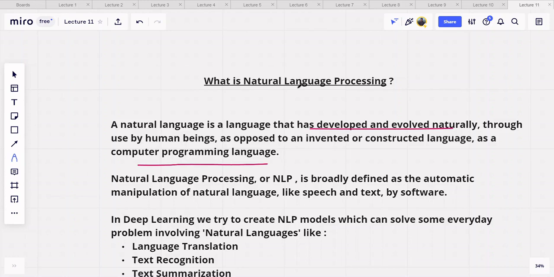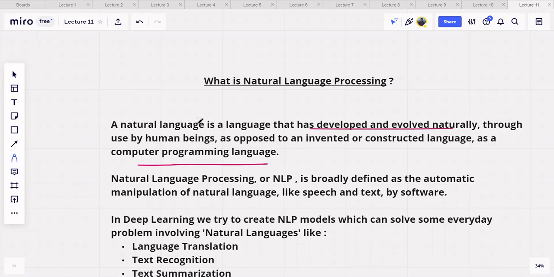So first of all, what exactly is a natural language? Natural language is kind of the opposite of a programming language. In computer programming we have various programming languages like C, Java, C++, etc. But the main difference is that these kinds of languages are human created.